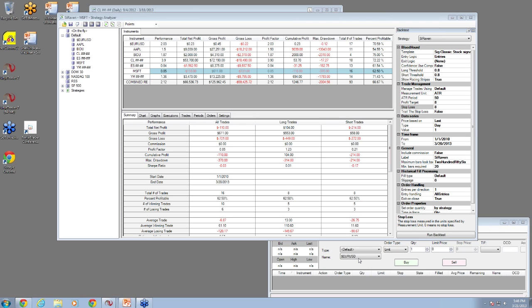Microsoft especially is pretty stagnant and slow. It moves, but certainly not in comparison to Apple or the Euro USD or crude oil. So immediately you can tell by this system that it works quite well in these volatile markets.